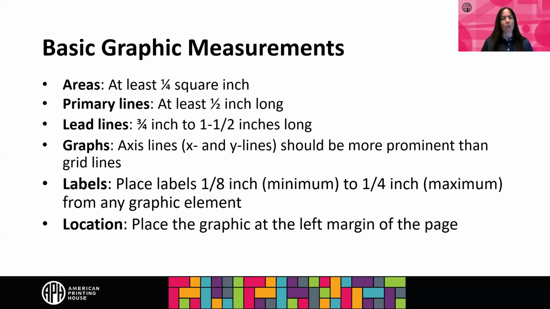So don't put the label so close to the lead line that they interact, but not too far that it's hard to tell that they go together. Just for your reference, 1/8 of an inch is about the thickness of a quarter and a dime stacked on top of each other. So you're going to want to use different textures or line weights for your lead lines and your primary lines. Less significant for the lead lines, more significant for the primary lines.